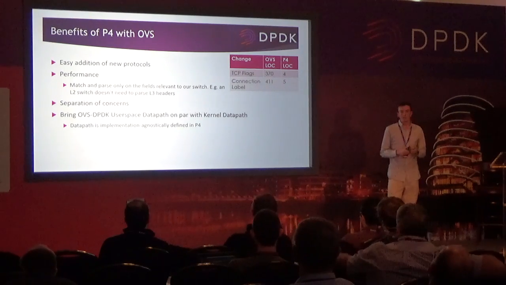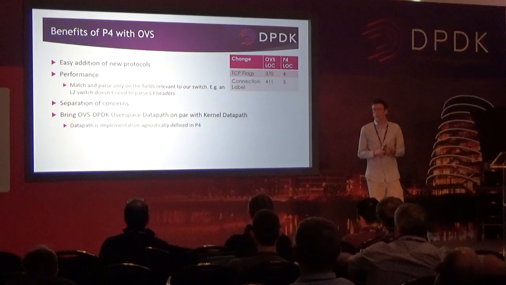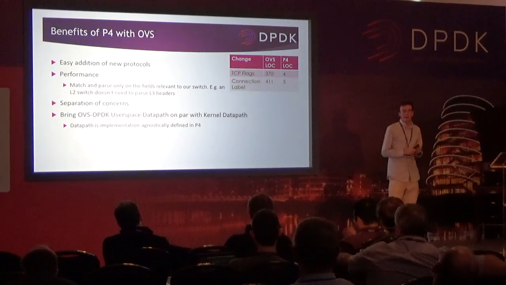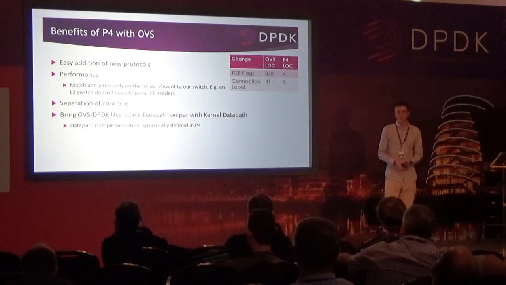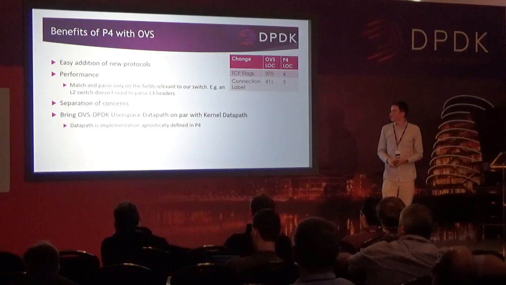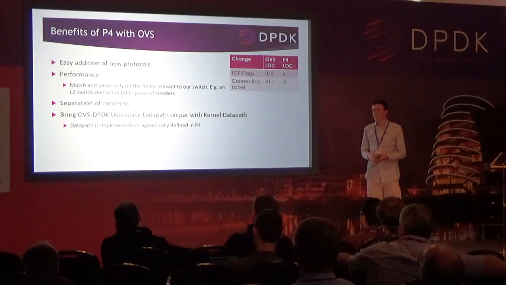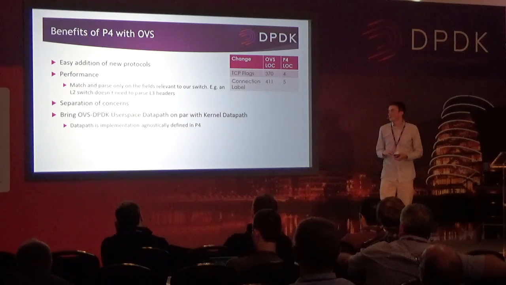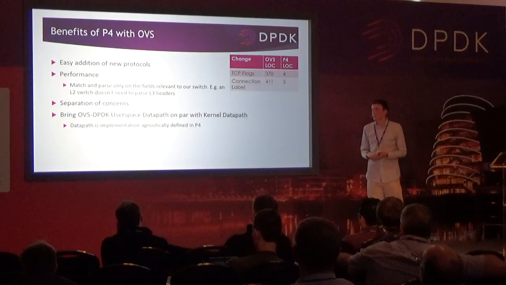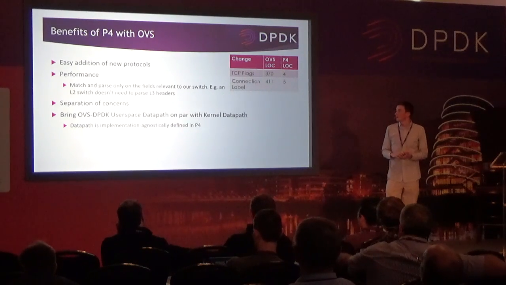So if you use standard OVS for this use case, it would actually parse and process layer 3 and layer 4 protocols, which kind of leads to some unnecessary processing. So if you use P4 to do the same thing and describe your layer 2 switch application in P4, you can save on a lot of the processing overhead by only processing and parsing layer 2.